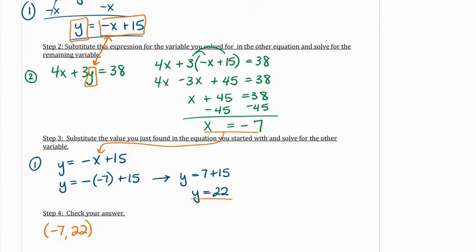If I wanted, I'm not going to go through this just to save us some time because we've done this, but if you're taking the test and you want to check your answer, you could take that ordered pair. Remember, this is an x and a y, right? And you could plug in to both equations and it should work.